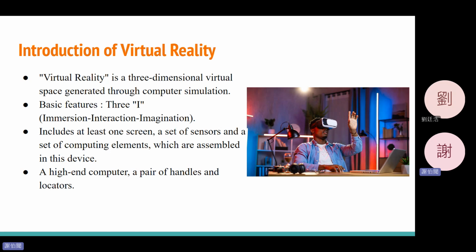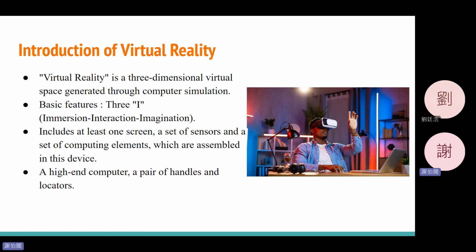When the user moves the position, the computer will immediately carry out the image calculation and return an image of the three-dimensional virtual space to the display. Virtual reality integrates technology such as computer graphics, analog computing, positioning, display, audio, and so on. It is a high-tech simulation system generated with computer aids.